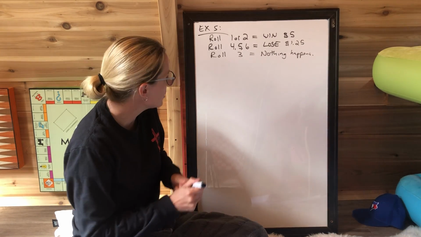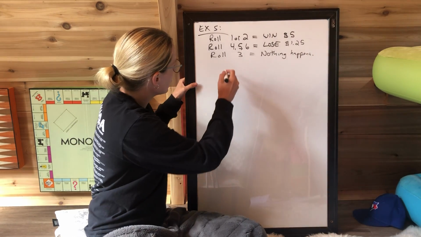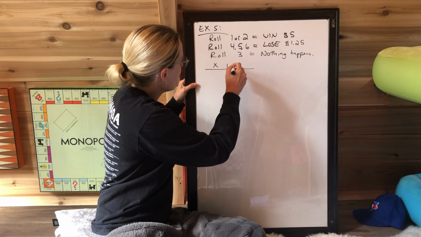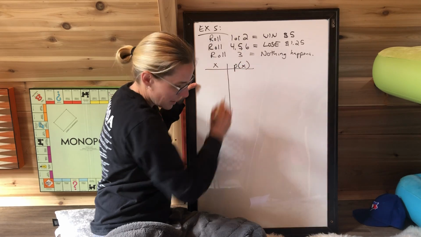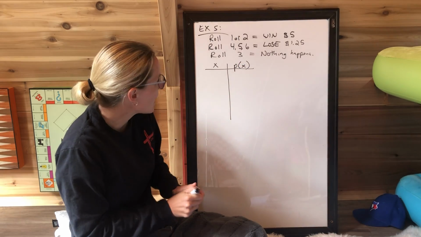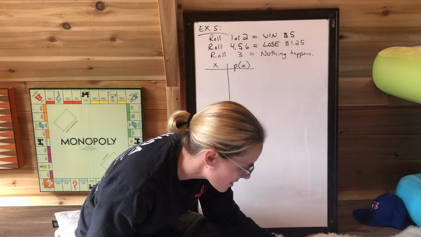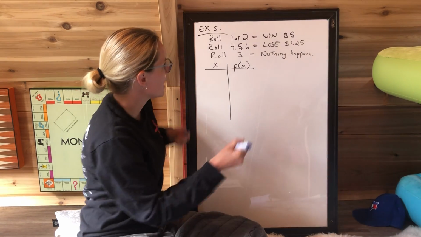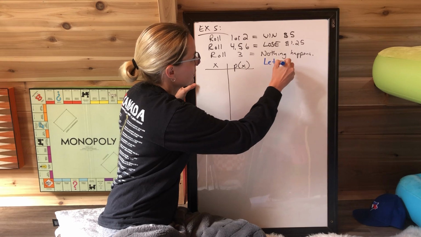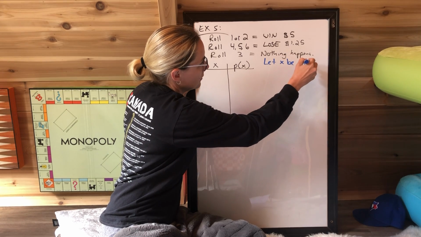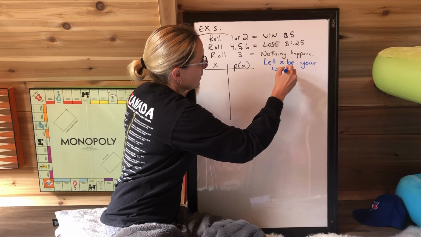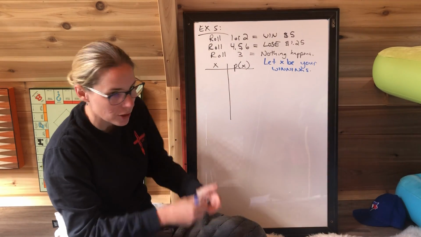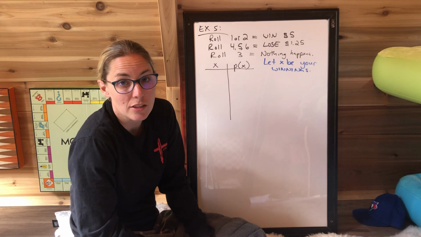Okay, so our probability distribution, we're going to set it up as a frequency table here. We don't necessarily need to graph it. So we have x and p of x. Because it's asking us to determine the probability distribution for your winnings, let x be your winnings. The key to finding out what your random variable is, is looking at what they're asking you to find in the question.